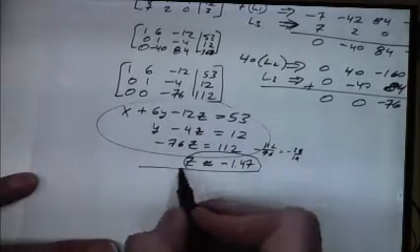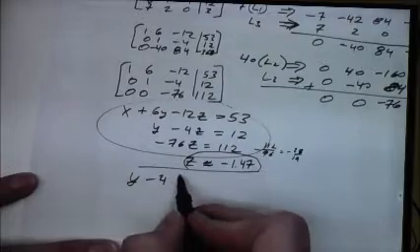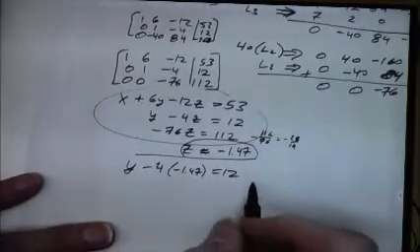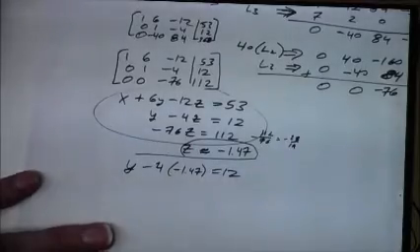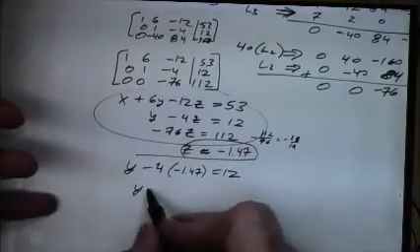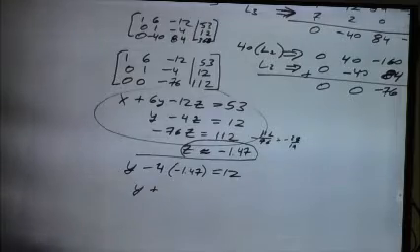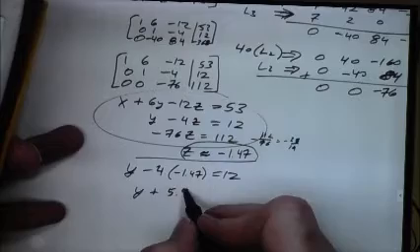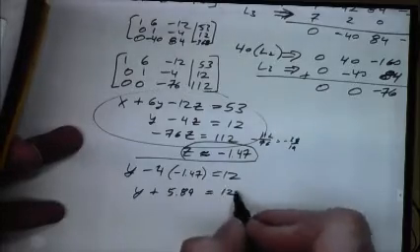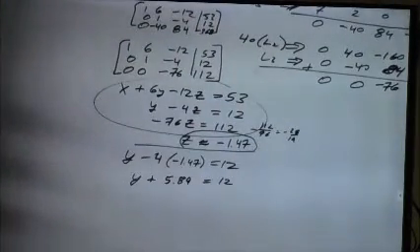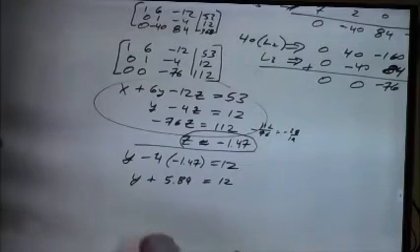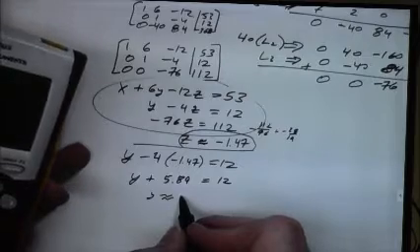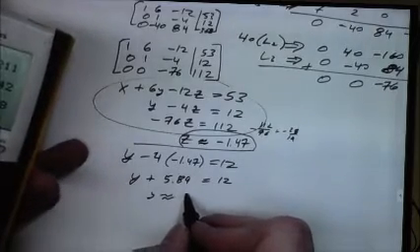So we know the z, let's use y minus 4 times negative 1.47 equals 12. And when you multiply that one out, I did it with fractions before, but we'll do it now. Y plus 4 times 1.47 is 5.89, so it's 5.89 equals 12. And then subtract it, and we get y is approximately 6.11.